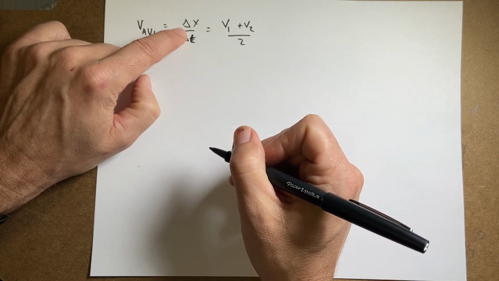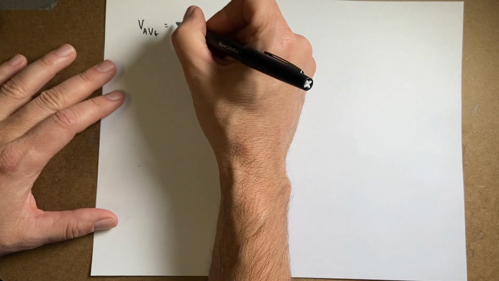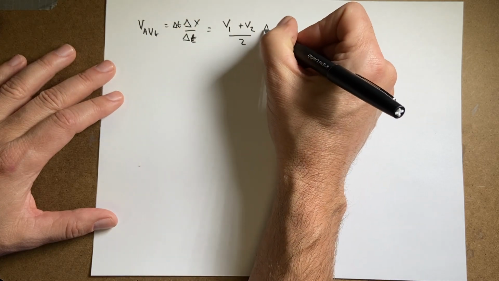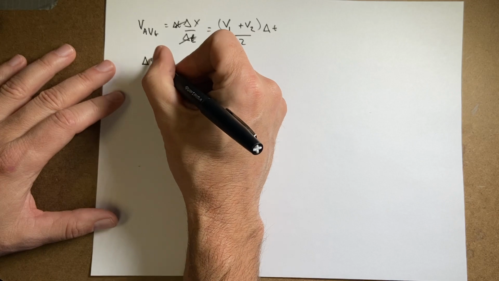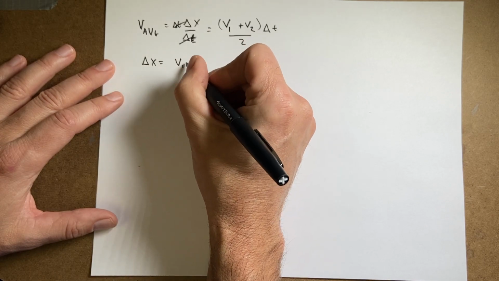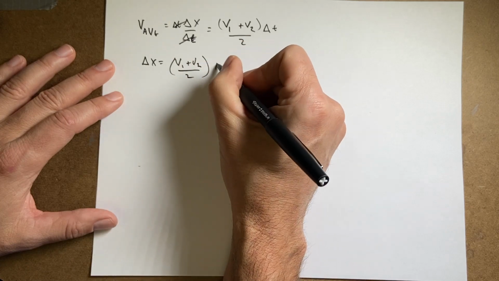Now let's go ahead and multiply both sides by delta t. So if I multiply both sides by delta t, these delta t's cancel, and I get delta x equals v1 plus v2 over 2 times delta t.